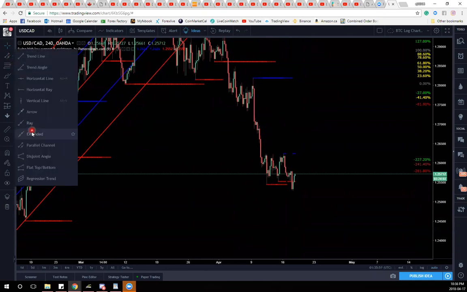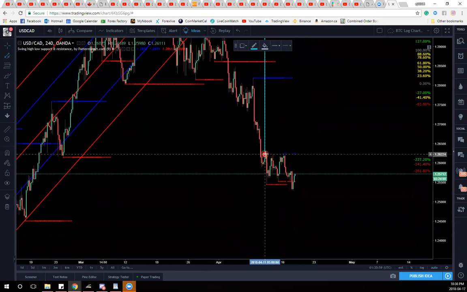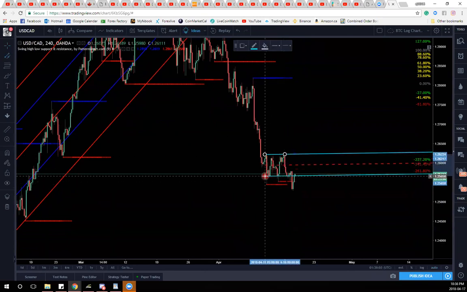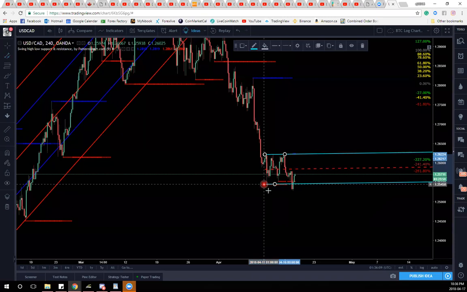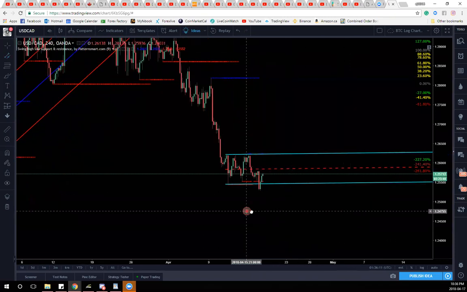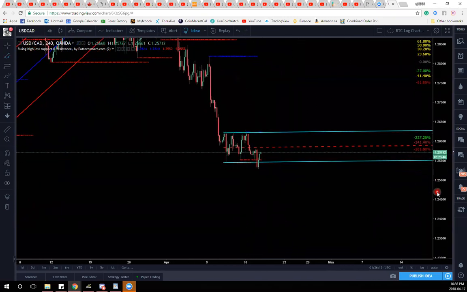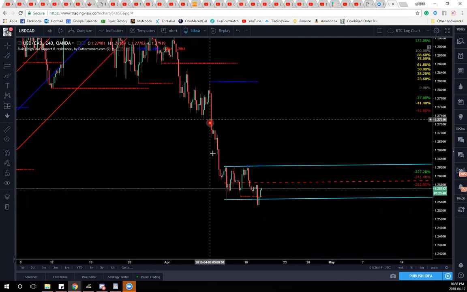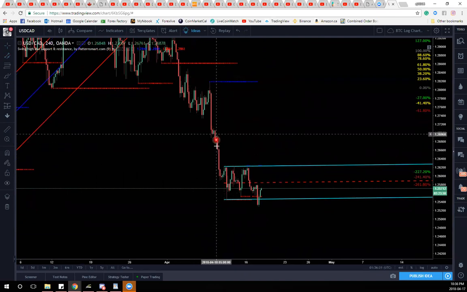So you see here, easy, right? Depends how you want to do it. You can use the wicks or not. The hard line may help you. See, that is a classic head fake. So see guys here, this is all one move, right? There's no pullback, there's nothing. It's all one leg. So that's your measured move.